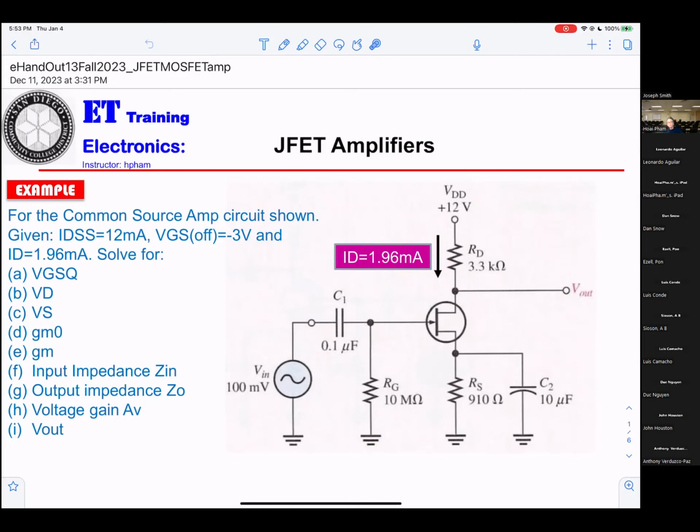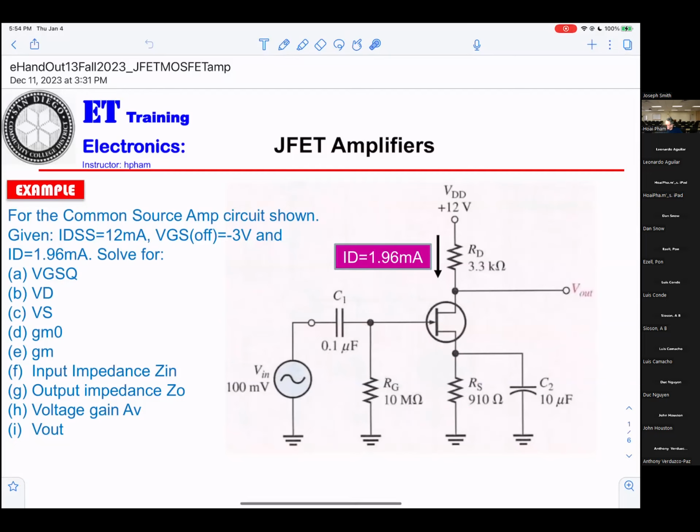Again, when you're working with a JFET or the MOSFET, the current ID here and this is the current IS. ID and IS will always be the same. So you can get the IS here. That's easy for you to calculate the VS, right? VS equal ID or IS times RS.